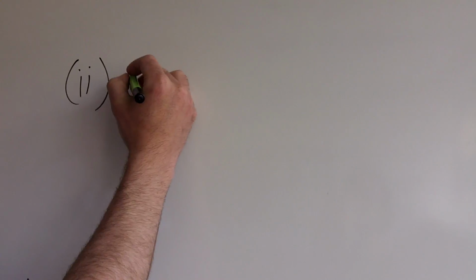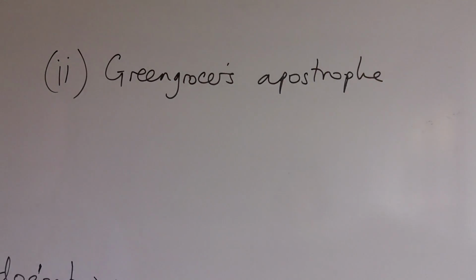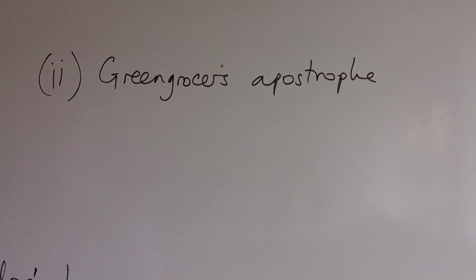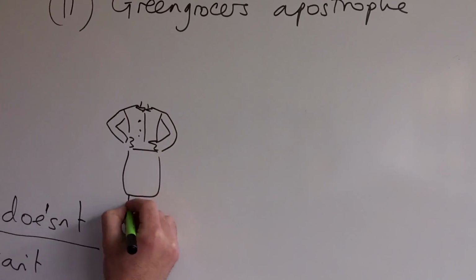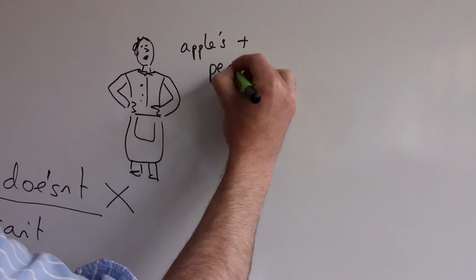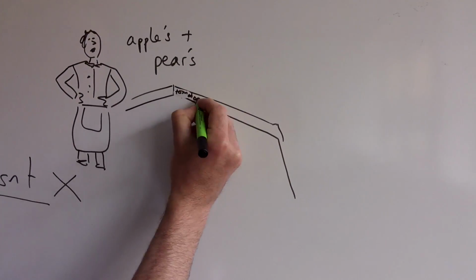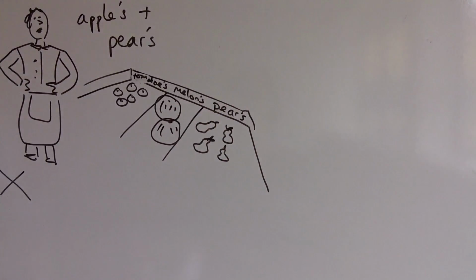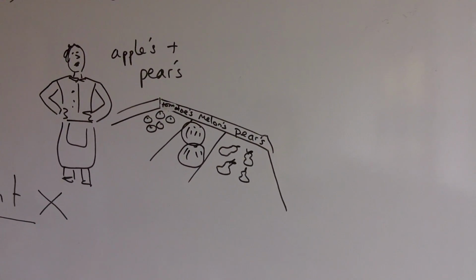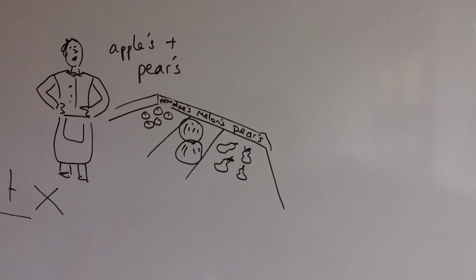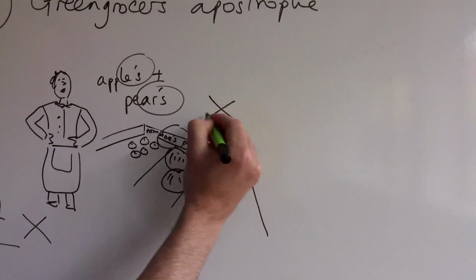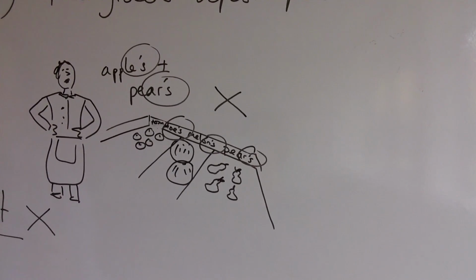So let's talk about this other apostrophe, and that is what is sometimes known as the greengrocer's apostrophe, because it's not all just greengrocers, but often if you go into a greengrocer's or you're wandering around a market and you see a greengrocer's stall, the greengrocer is famous for writing something like tomatoes, cucumbers, melons, and for each of those words there's an apostrophe at the end.